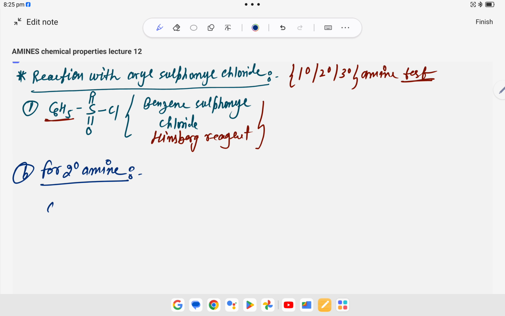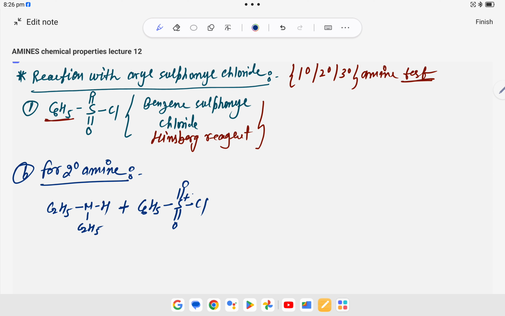Here again C2H5, nitrogen, one hydrogen and one more C2H5, reacting with the same species, C6H5 SO2Cl.